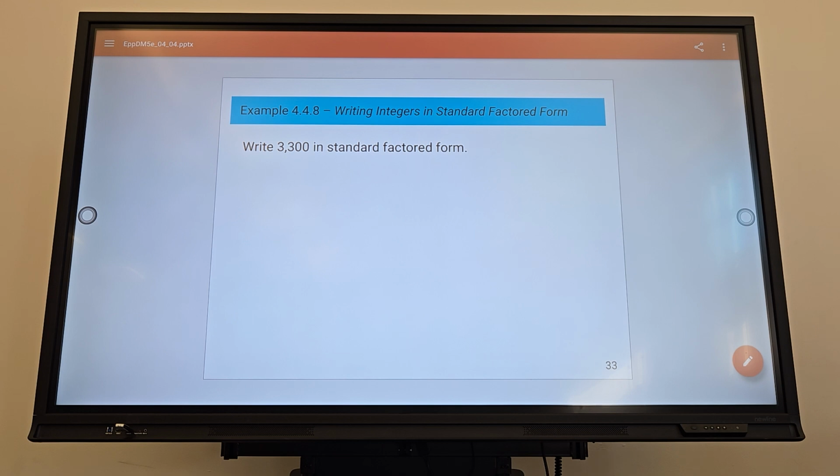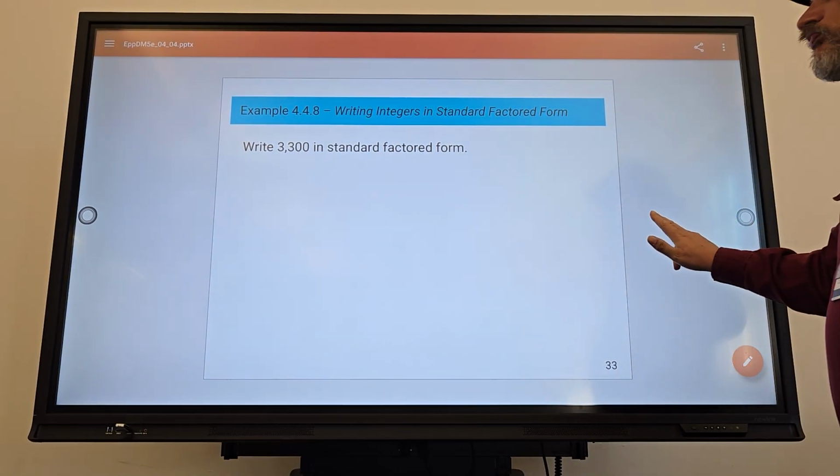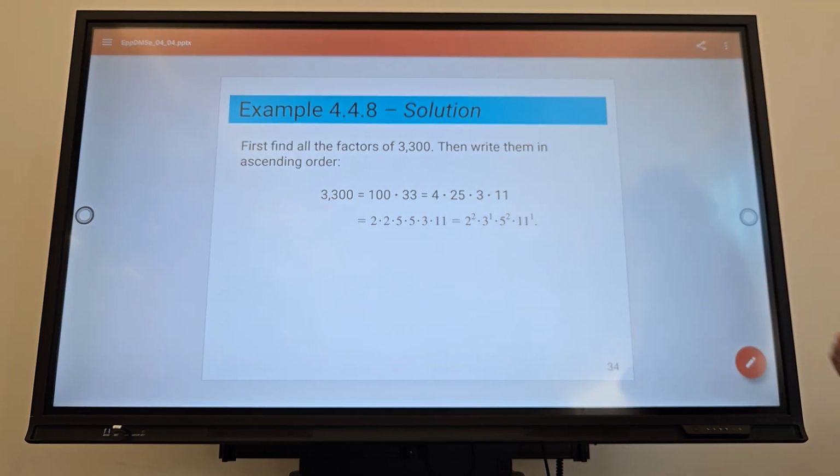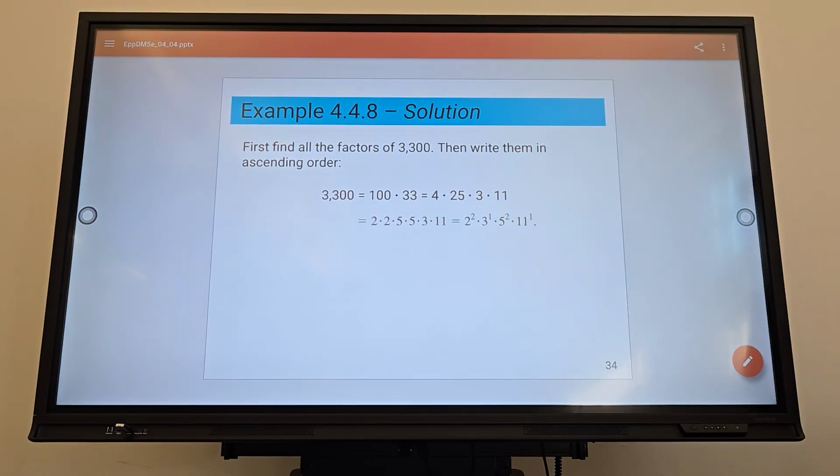Yes, but in standard factored form, it would be 2 squared times 3 times 5 squared times 11. You order the prime factors in ascending order. So, that's what you get.